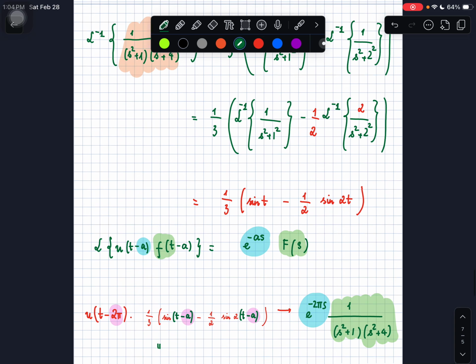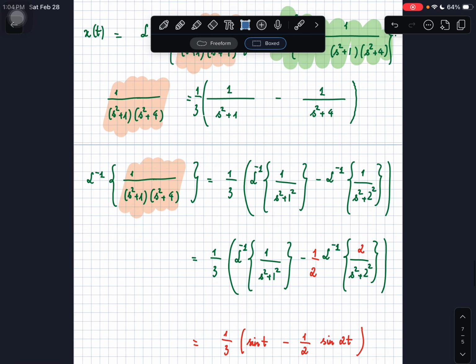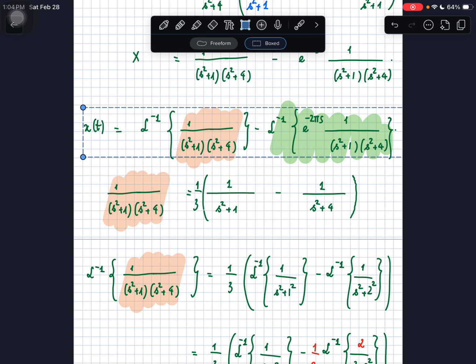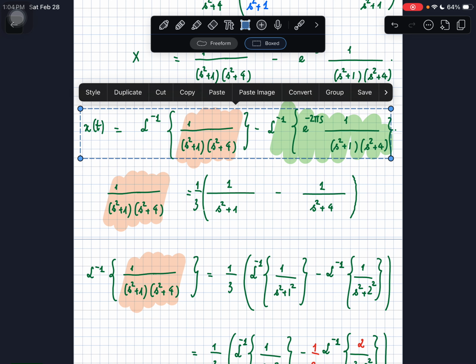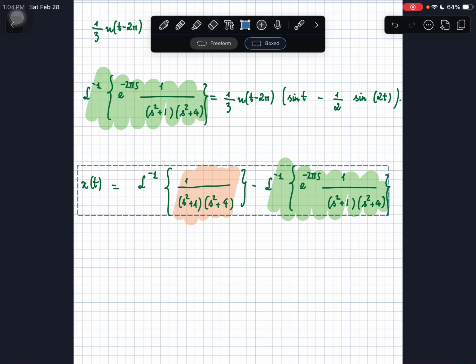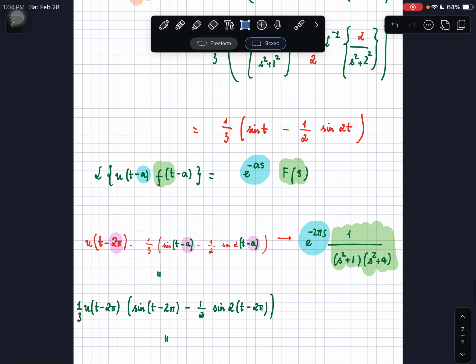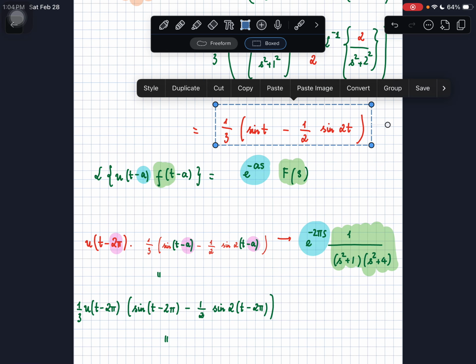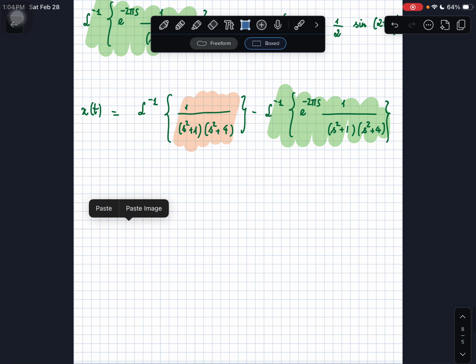Now all together we have x(t) equal to the first term minus the second term, equal to this term minus this term.